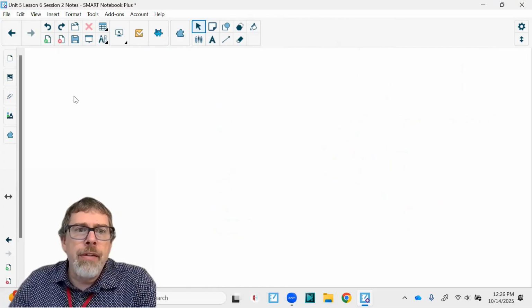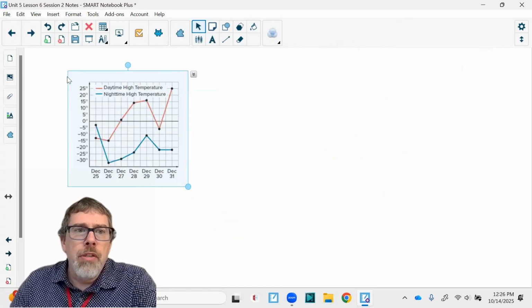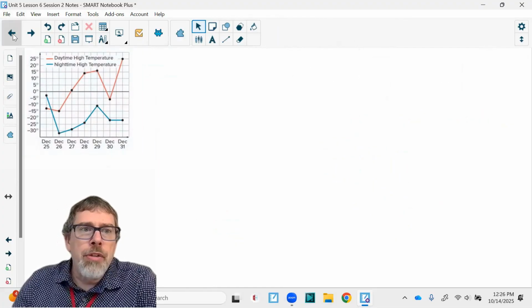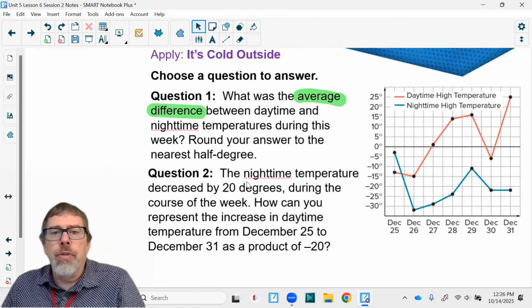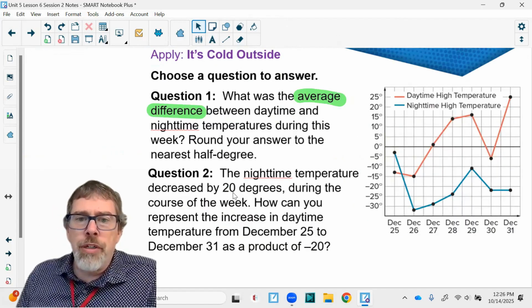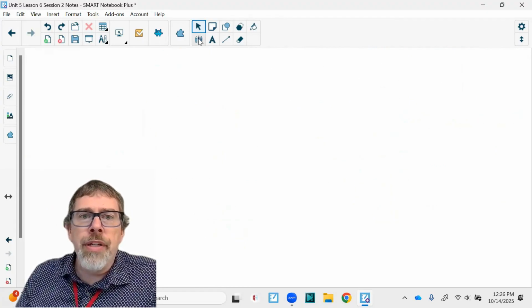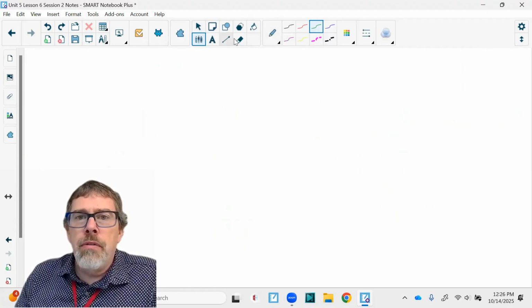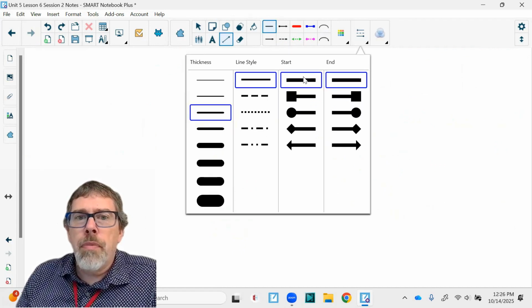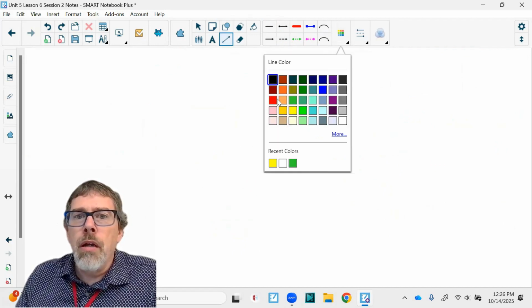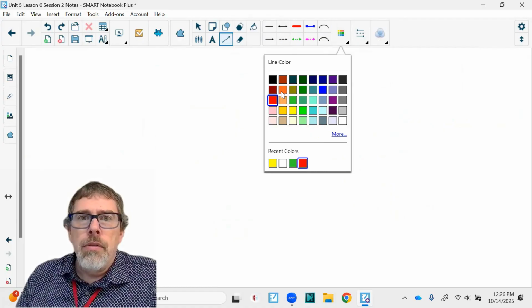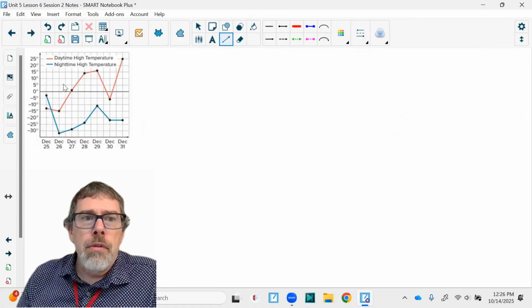So we're going to do it again. Bring this over again, and I'm going to do part 2. Question 2, the nighttime temperature decreased by 20 degrees during the course of the week. What they're saying here is the nighttime temperature decreased from here to here.